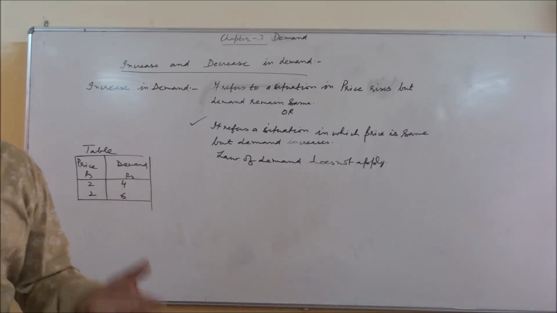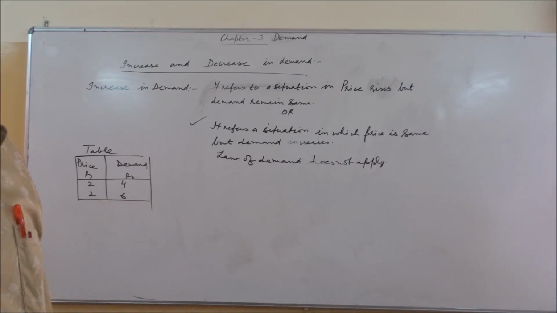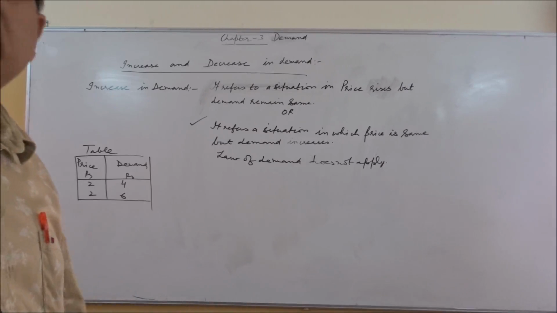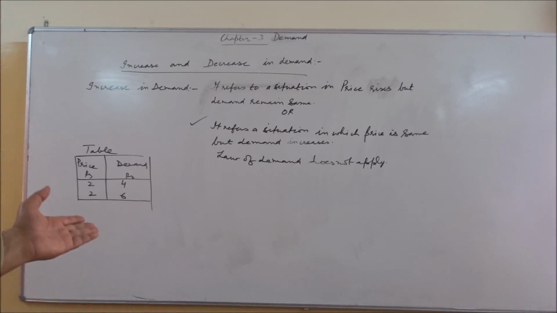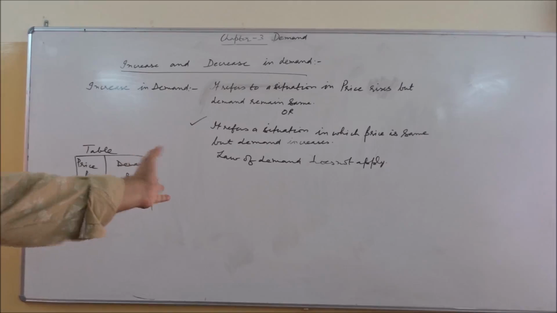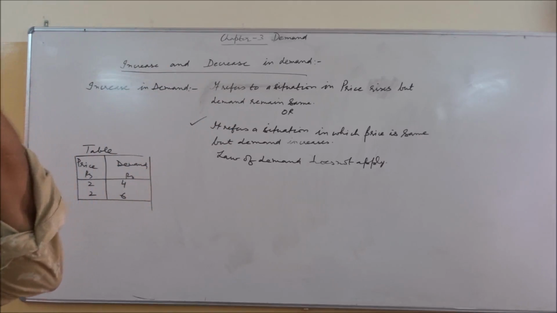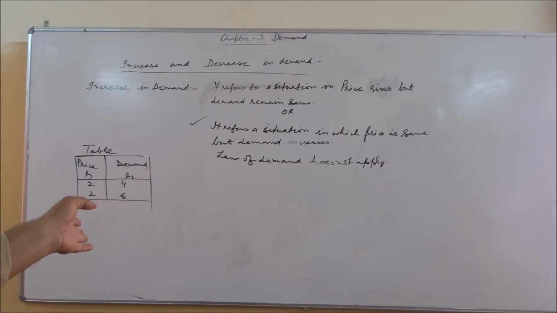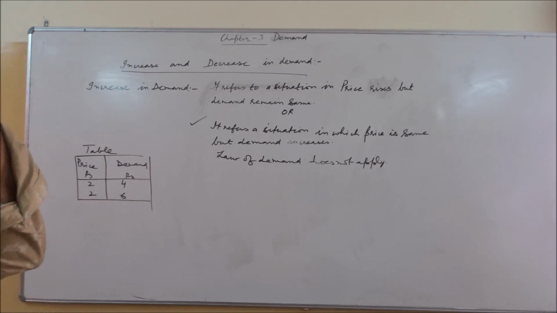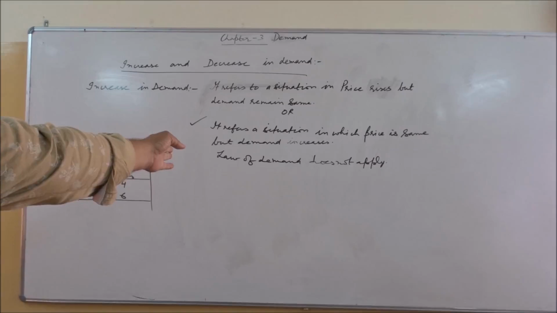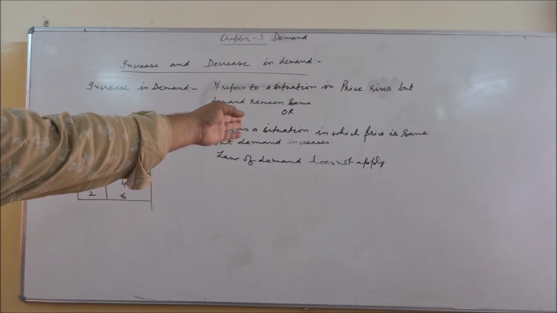This happens due to other factors like change in season, change in fashion, taste and habit, change in size of population, change in income. So these are the other factors. Change in weather condition, change in climatic condition. So it happens due to the other factors rather than the law of demand applicability.